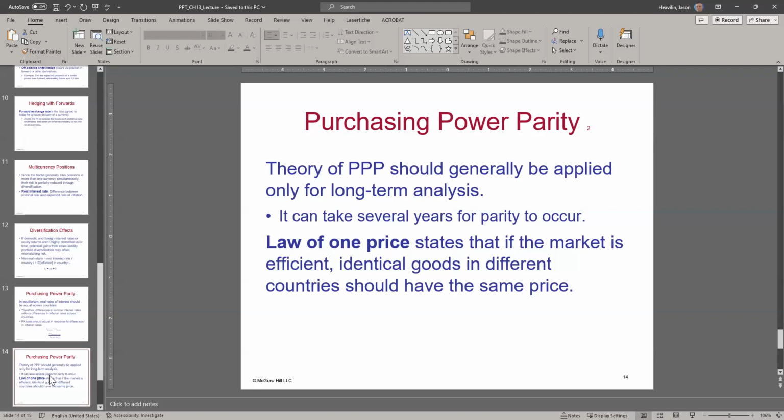The theory of purchasing power parity should generally be applied only for long-term analysis. Earlier, we mentioned market imperfections, but they don't last. The point is that as foreign exchange rates fluctuate, as interest rates fluctuate, they don't catch up automatically across the globe. It takes time for it to work through the system and then balance out.